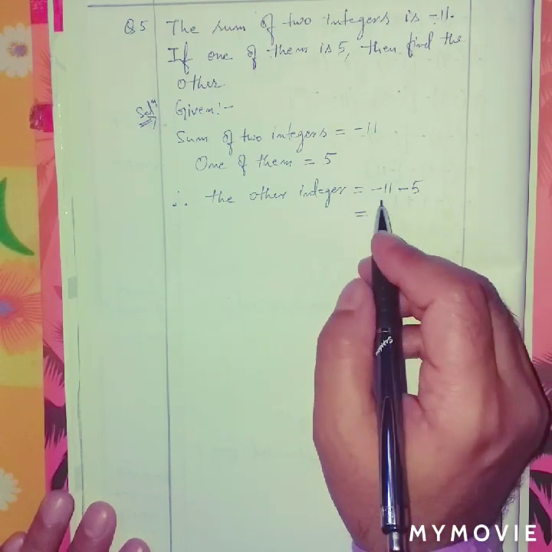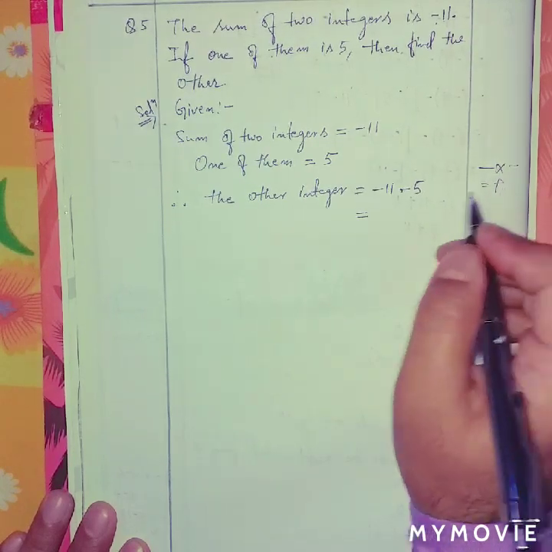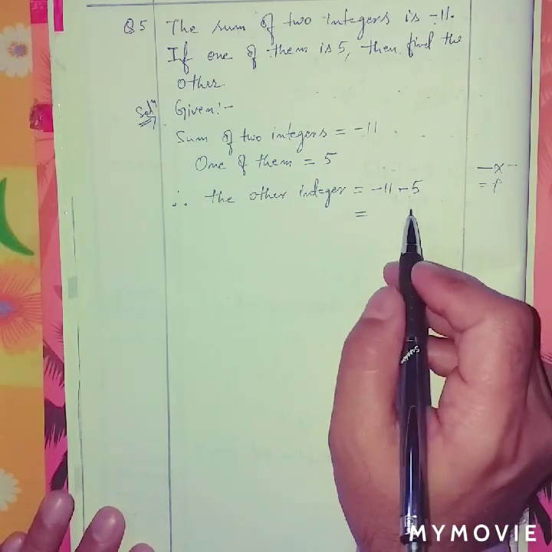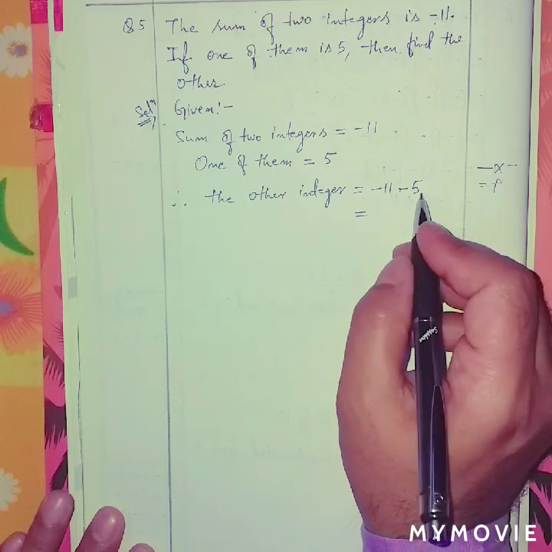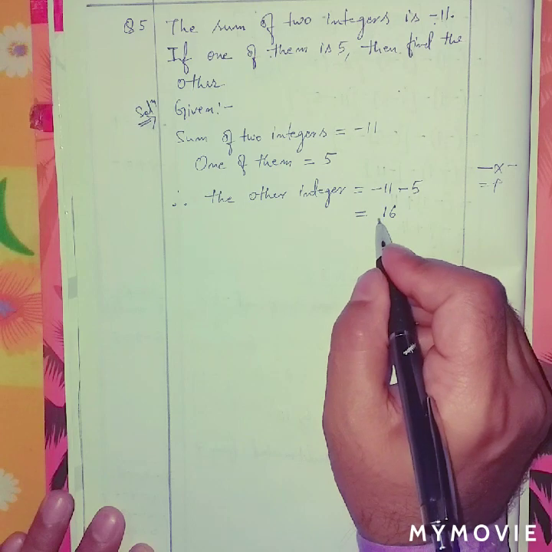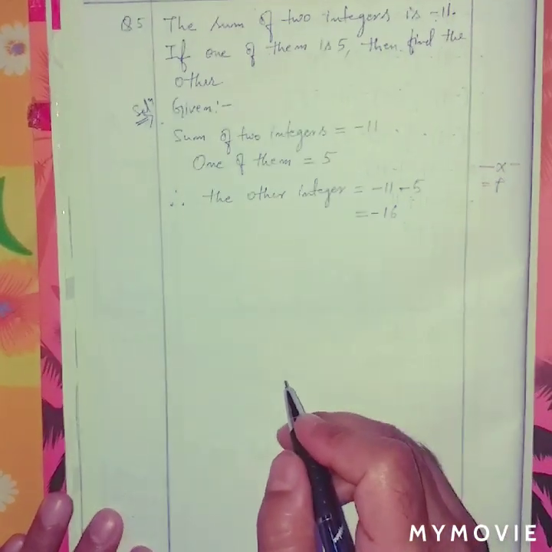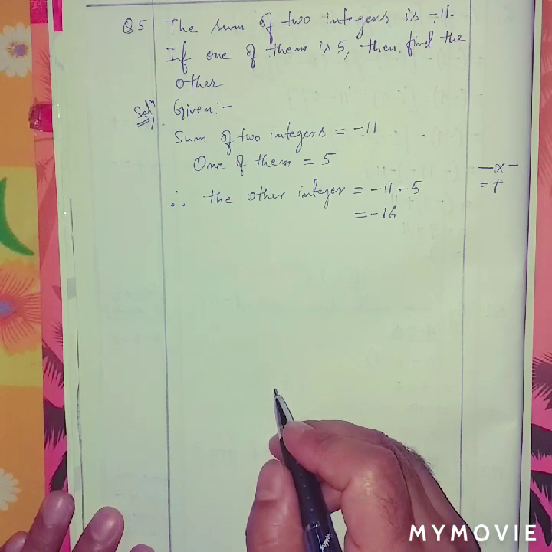Both are negative numbers, so we have to add. Minus into minus is plus. We are adding 11 and 5, 16. The bigger number is 11, so the sign of this bigger number remains, minus 16. In this manner, this is the solution.